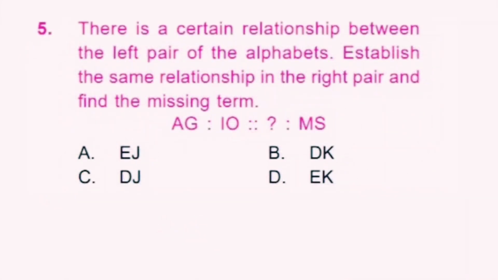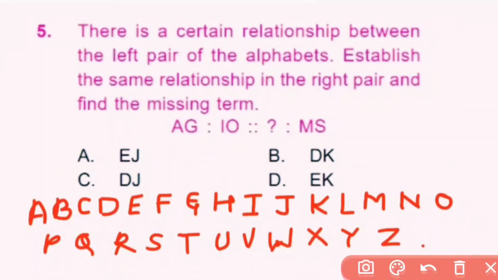Question number 5. There is a certain relationship between the left pair of the alphabets. Establish the same relationship in the right pair and find the missing term. In left side we check the first letter of 2 pair A and I. So in between A and I there are 7 alphabets, and in between G and O there are 7 alphabets.